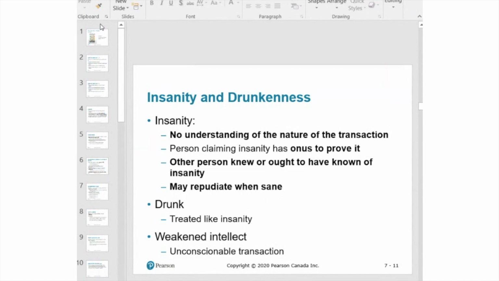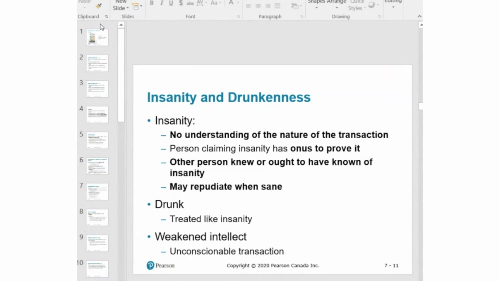But there are requirements for this. And there's a misconception here. People usually believe that if they prove they were insane or drunk or intoxicated, they can get away. No, that's not the only requirement. There are three requirements that have to be met.